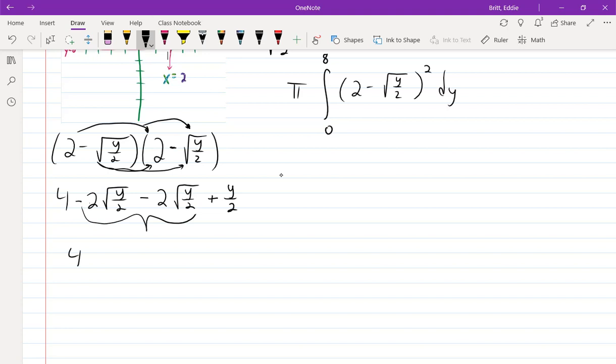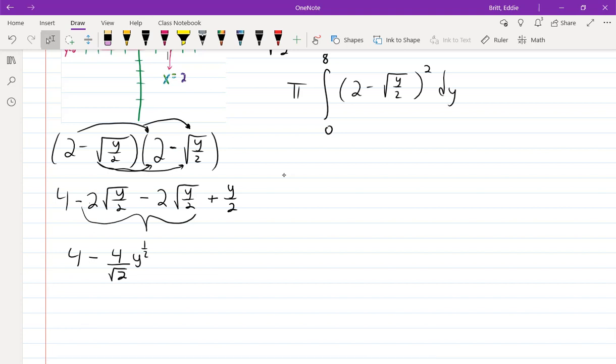So this will be 4 minus, we got negative 2 and negative 2, so that's going to be minus 4 over the square root of 2. I'm taking the square root of the bottom, and then the square root of the top I'm going to write to the side. So remember, square root is to the 1/2 power.